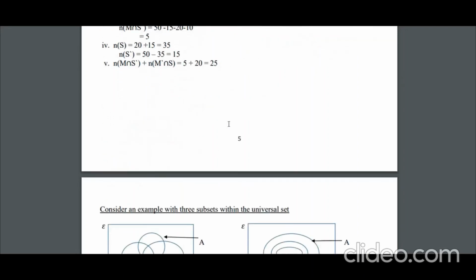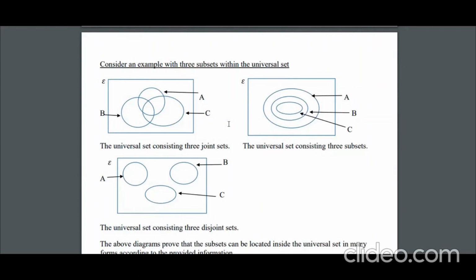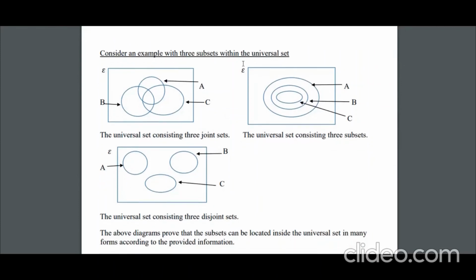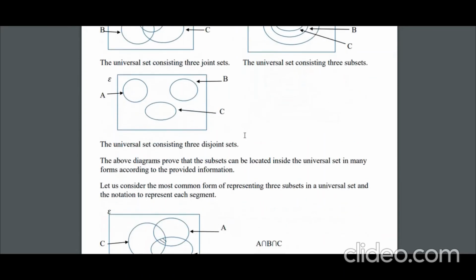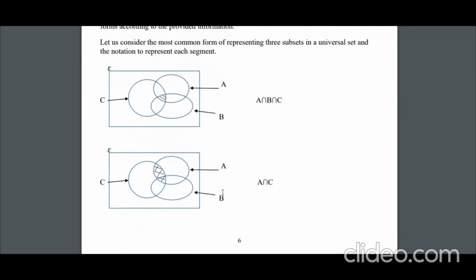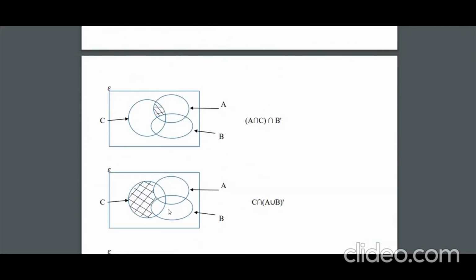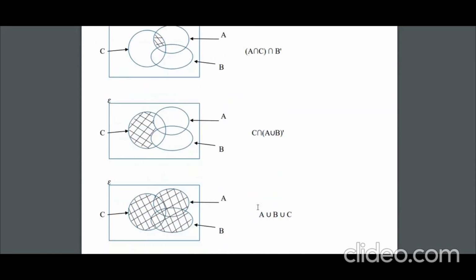And then finally we considered a triple set, where there are 3 subsets in a universal set, which can be in different forms. And then we looked at how these notations can be done by looking at the shaded region which corresponded to the given notation.